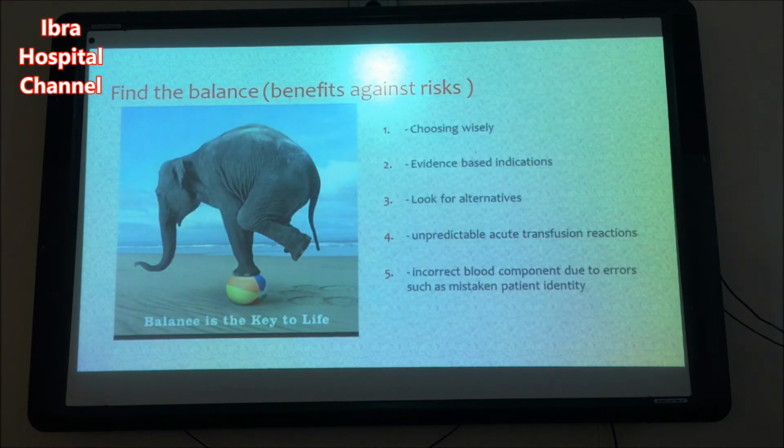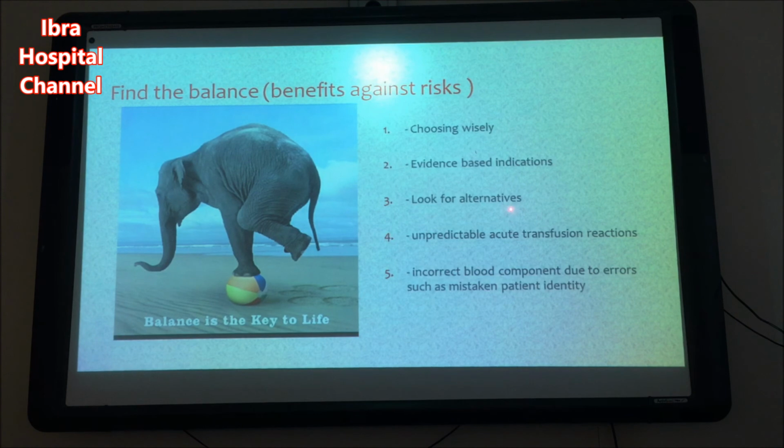So as with anything else in life, you always have to find a balance between the risk and the benefit if you want to transfuse a pediatric patient. And that's what they say, the elephant in the room. But you really have to choose wisely before transfusing a pediatric patient. You have to learn about the evidence base. Is your blood request really indicated?